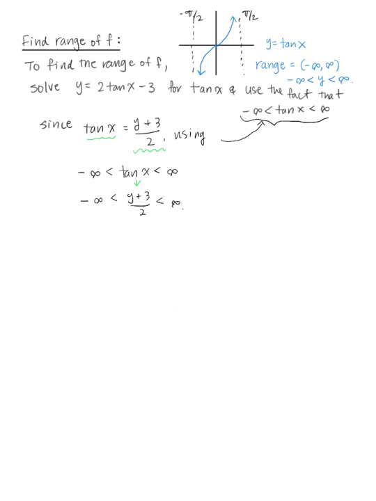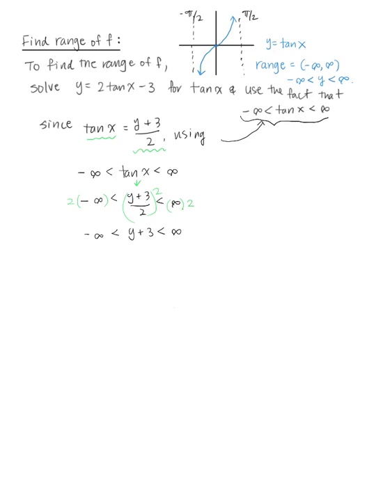So multiply both sides by what? 2? Not both sides, all of it by 2. So I'm going to multiply here by 2, 2, and 2. Now, negative infinity times 2 is still negative infinity, and infinity times 2 will just give you infinity back.